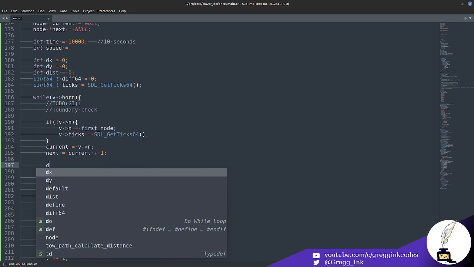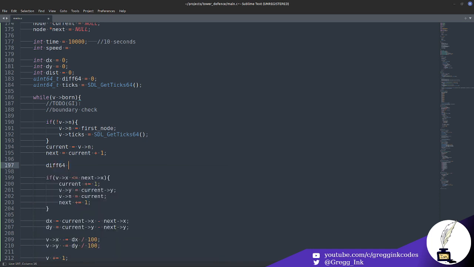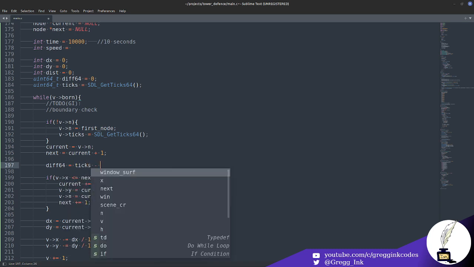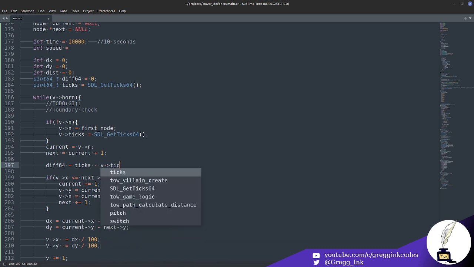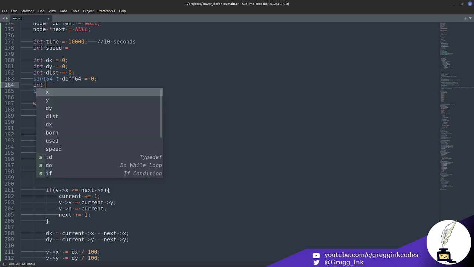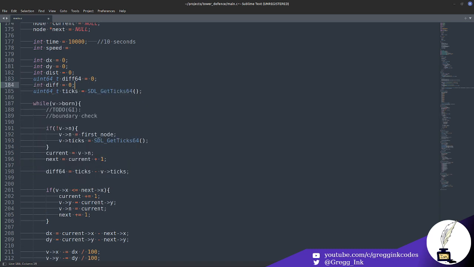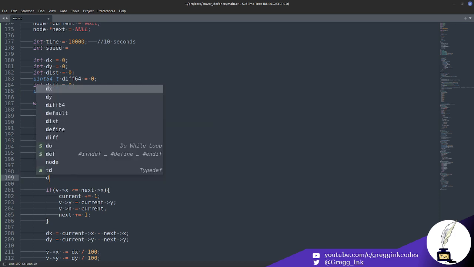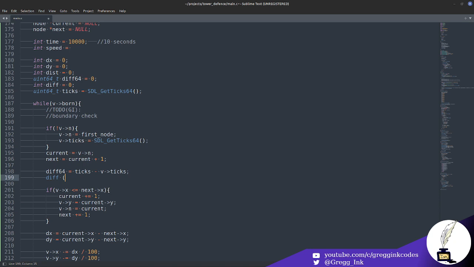So now what I need to do here is diff64. So I need to know how long has it been going, right? So that is ticks minus vticks. And now I know how long it's been going on for.